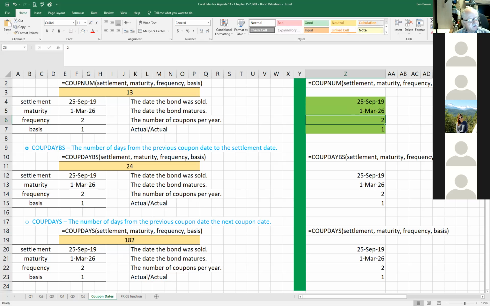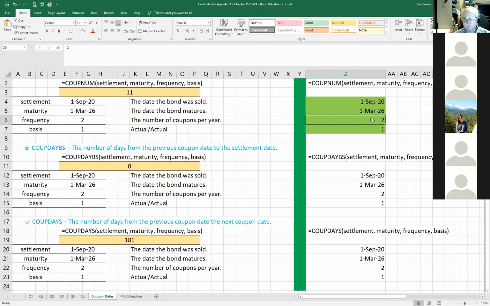And the purchase price of the bond on September 1st. So that's the settlement date. Put that in here: September 1st, 2020. So once you fill in these two, the frequency tells us that it's twice a year.